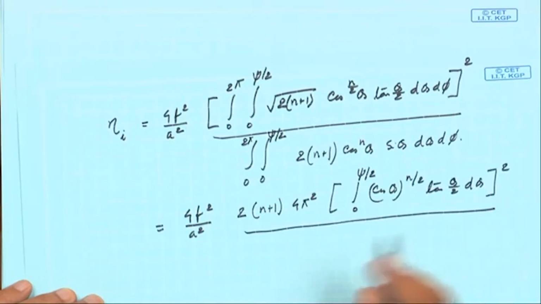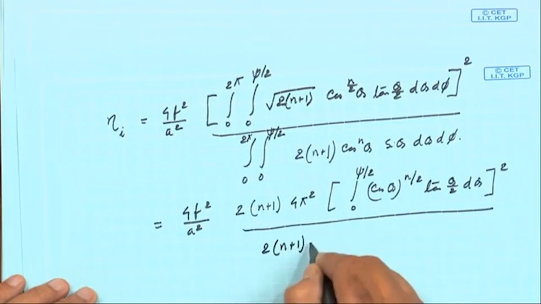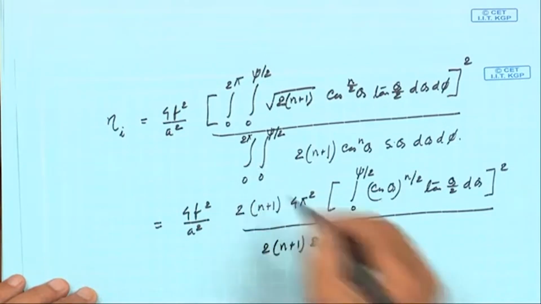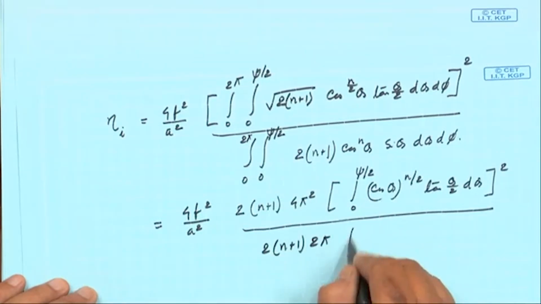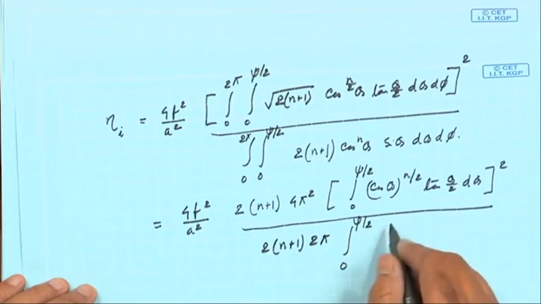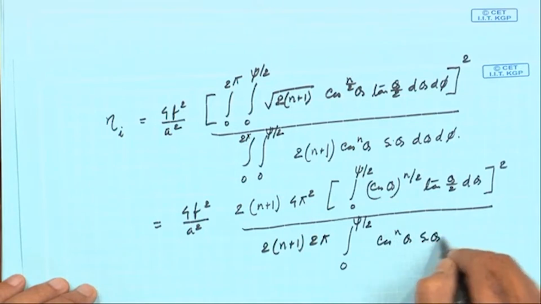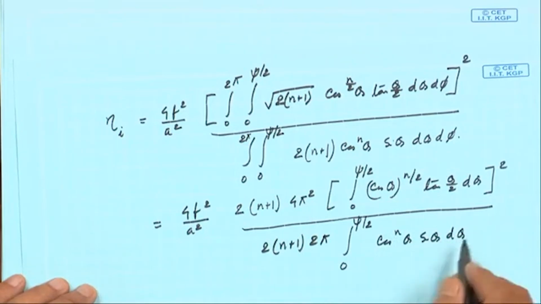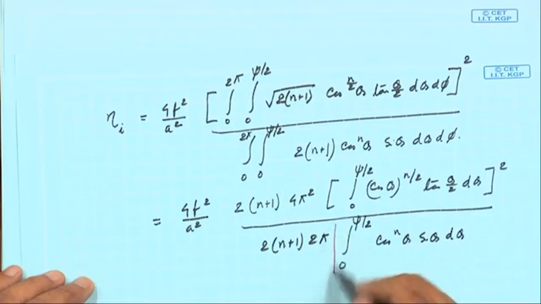In the denominator we write 2 n plus 1 into 2 pi, but what will remain is the integral 0 to pi by 2 of cos n theta sin theta d theta. Now, here we will put the expression of spillover efficiency.